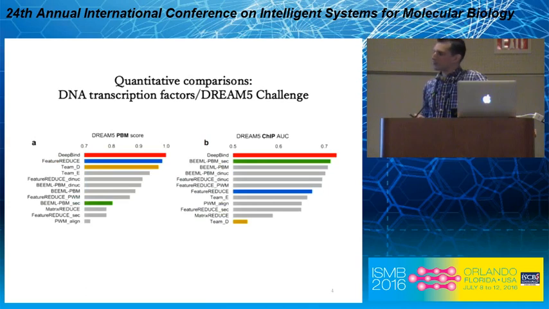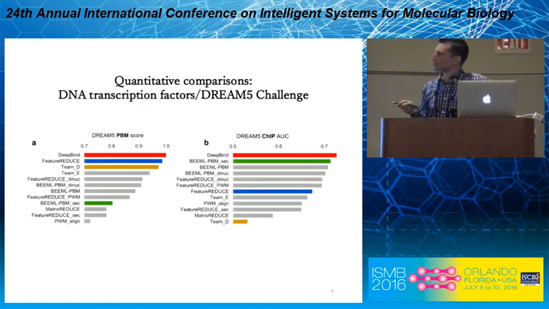So Andrew and Babak trained this model on both DNA and RNA binding data from both microarray assays as well as SELEX and ChIP-seq data. And the first evaluation that they did was using data from the DREAM5 challenge to predict mouse transcription factors.